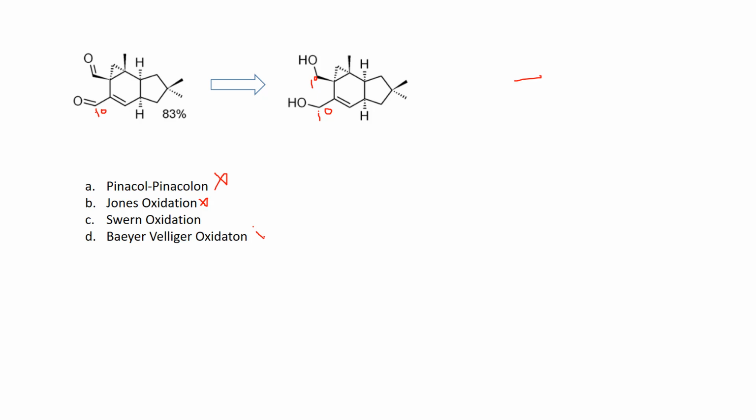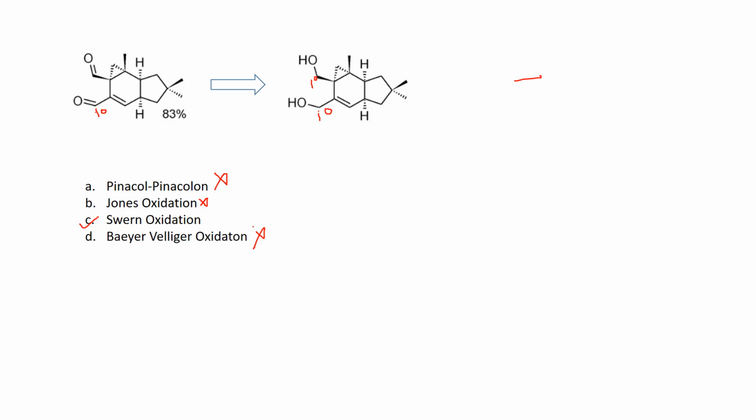So the remaining is Swern oxidation. We know that in case of Swern oxidation, primary alcohol can be oxidized to aldehyde, just to aldehyde. So the correct option will be option C. Why not Jones oxidation? Because in Jones oxidation, the primary alcohol is oxidized to form acid.